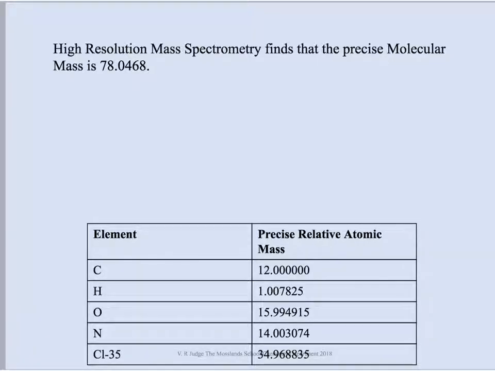So going back to the examples that we had before, C2H6O3, if we use the more precise relative atomic masses that we've got in this slide, we find that the precise molecular mass for this compound is 78.0317. For C3H7Cl, the molecular mass is 78.0236.